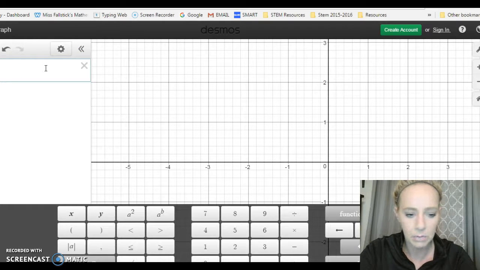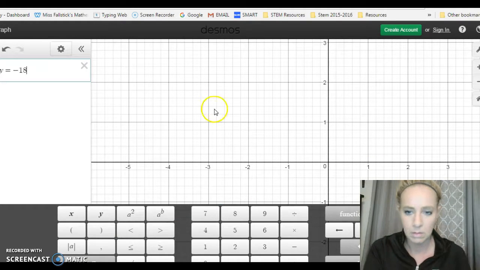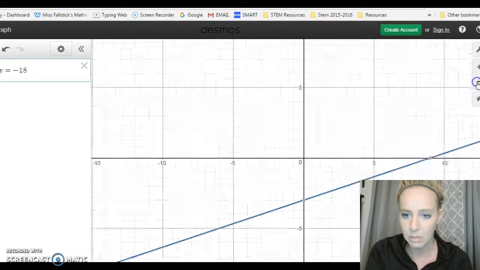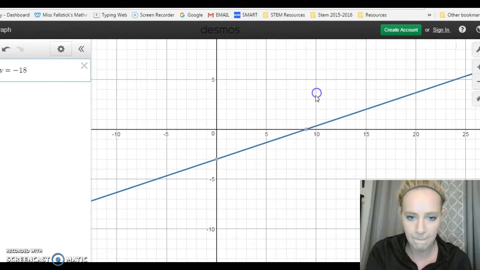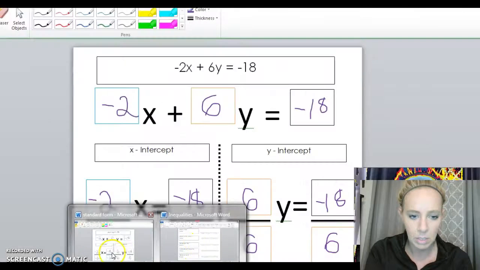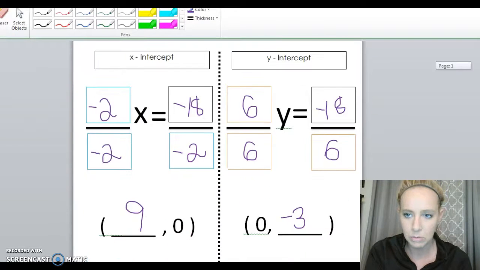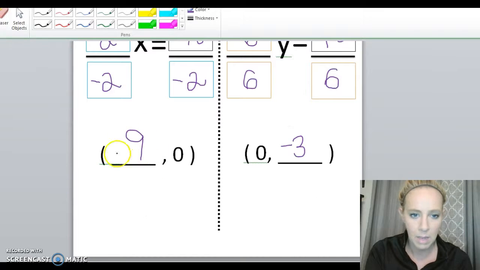Negative 2x plus 6y equals negative 18. So I'll zoom out a little bit. And if you notice, the line crosses my x-axis at 9, going back to the placemat, x-axis at 9.